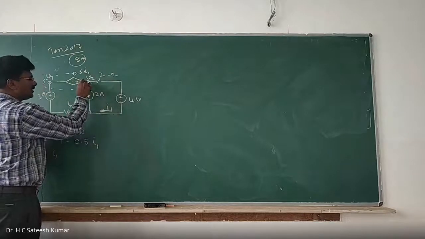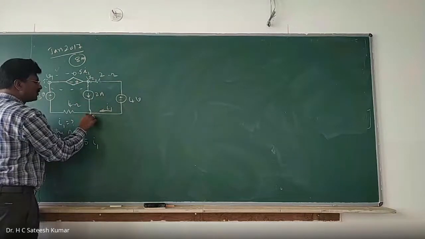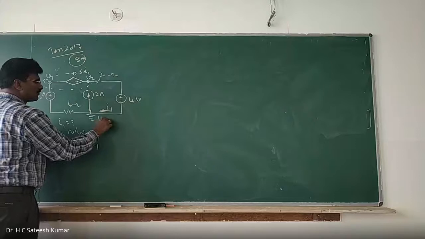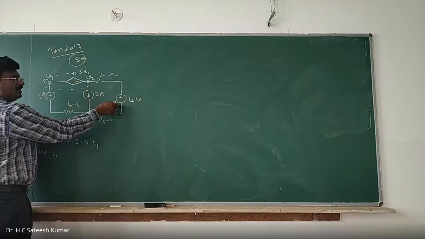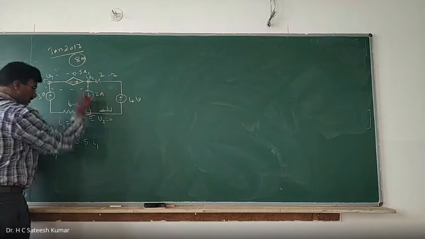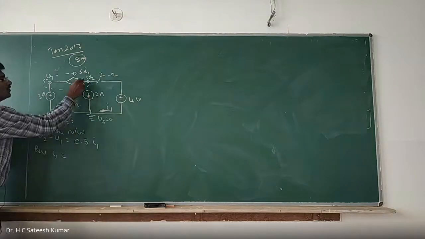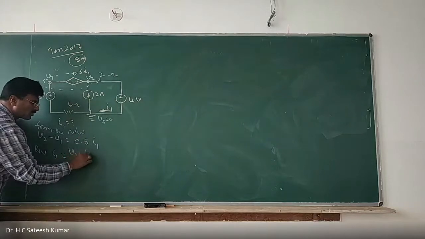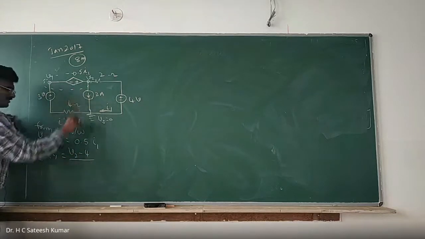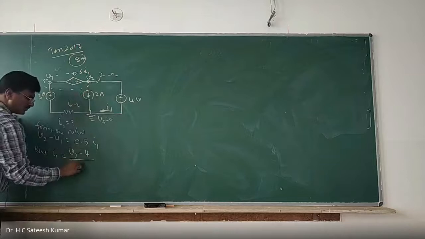So this current is nothing but what? V2 minus 0. This you make as ground node, V3 is equal to 0. This voltage minus this voltage divided by the resistance. So therefore I1 is equal to V2 minus what is the voltage? 4 volts. V2 minus 4 divided by the resistance, how much? 2.